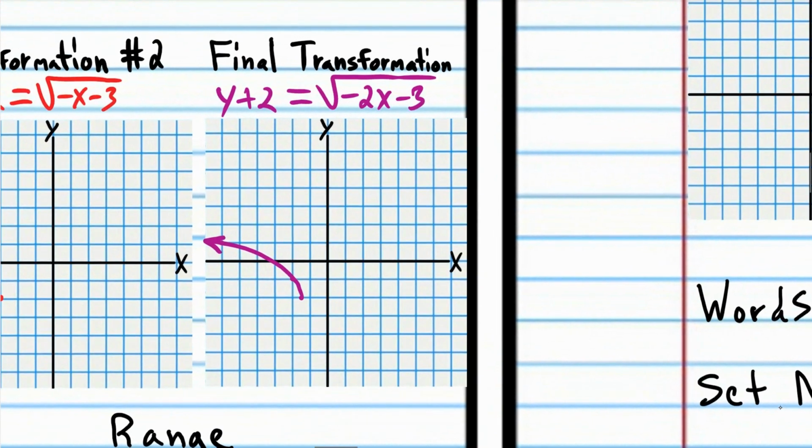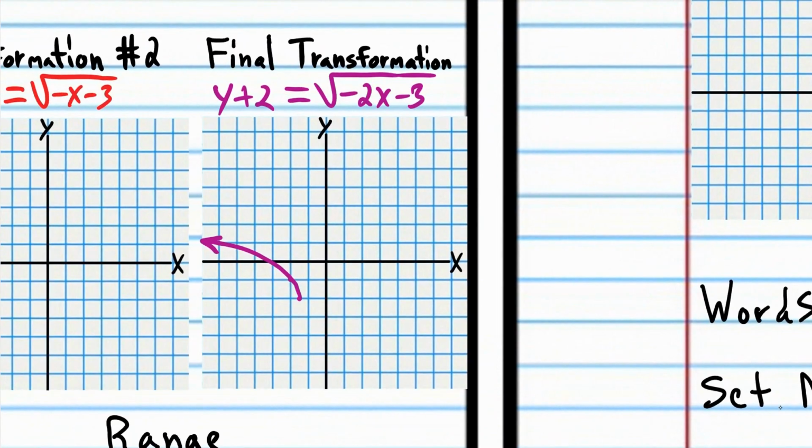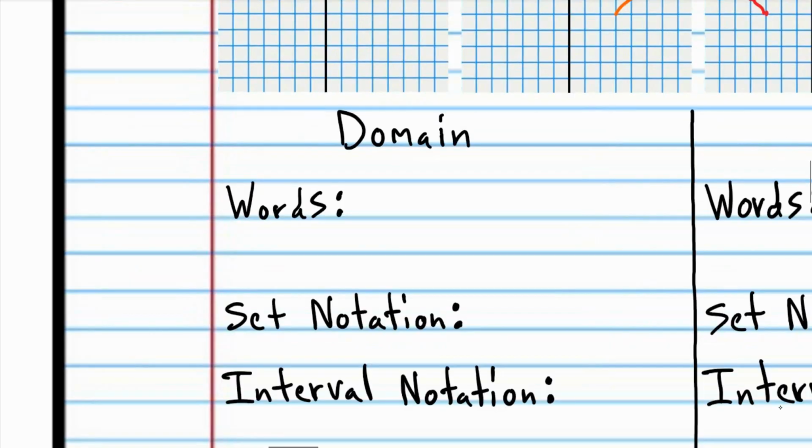But now that we have the graph, we can see that the domain, which is all the x values of the points on this graph, is all real numbers less than or equal to negative 1.5. The biggest x value is the x value of this point here, which is negative 1.5, and all the x values over here are smaller than negative 1.5.